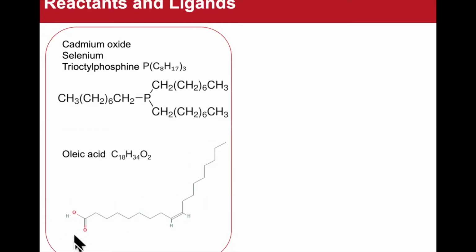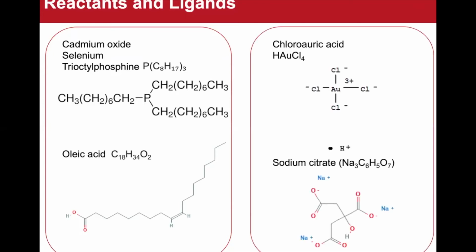The functional group here is a carboxylic acid group, and that will bond to the surface of the cadmium selenide nanoparticle. For gold, we'll be working with chloroauric acid and sodium citrate, which will reduce the gold to metallic gold, or zero valent gold. And all the safety data sheets are available and linked on the Carbon course page.